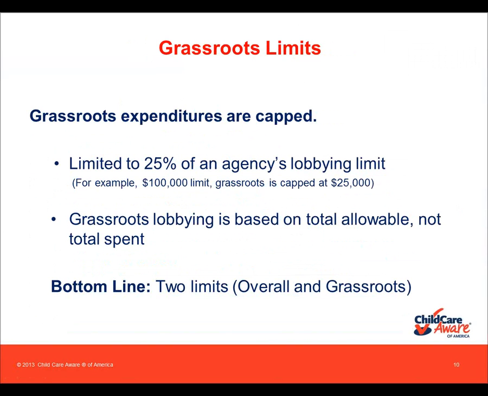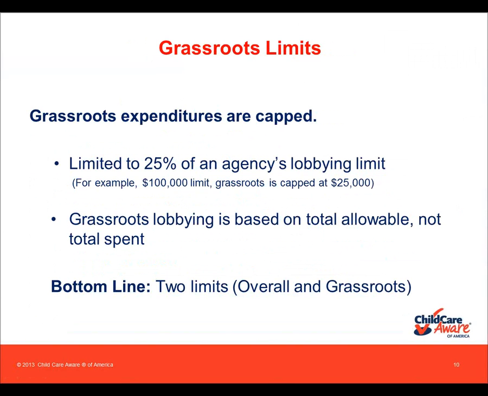And a piece of those total lobbying dollars you can spend, there are some grassroots limits on what you can actually do. So grassroots expenditures are capped at 25% of the agency's total budget.